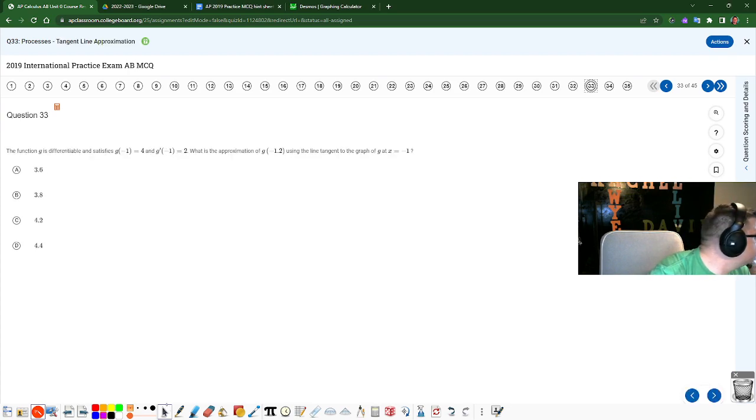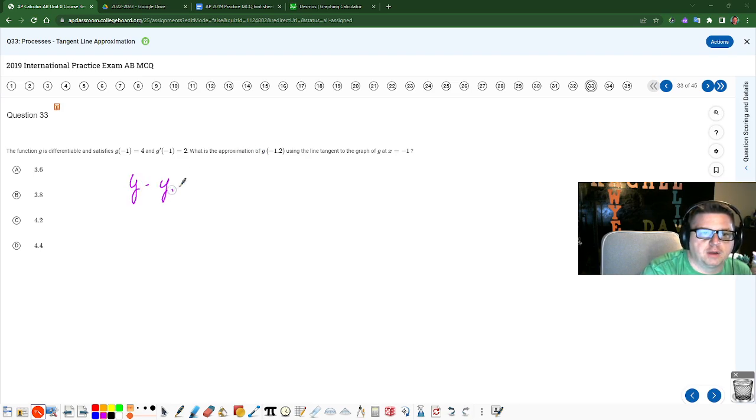How are we doing? Okay. The function g is differentiable and satisfies g of -1 equals 4 and g prime of -1 equals 2. What is the approximation of g at -1.2 using the tangent line to the graph of g at x equals -1? So what we are looking for is a line of tangency.